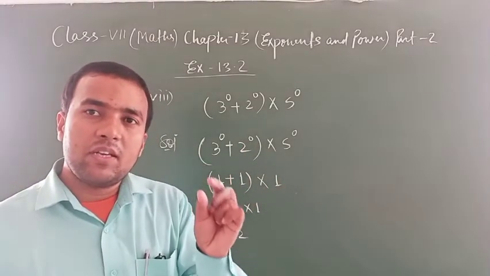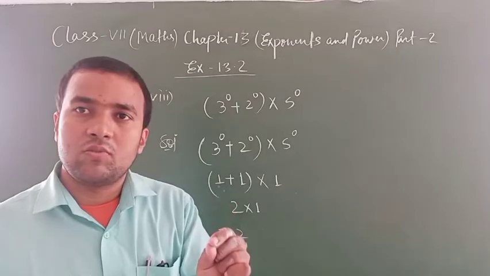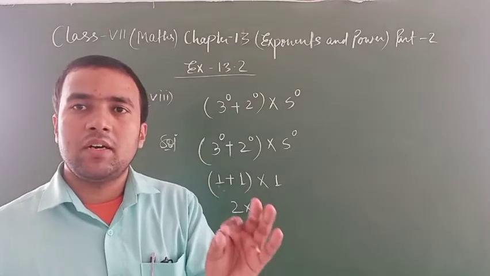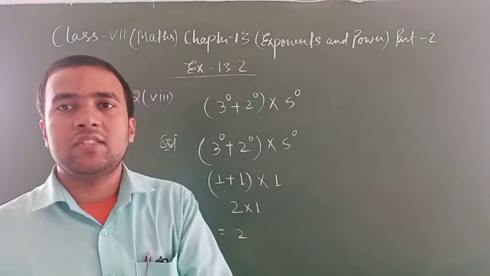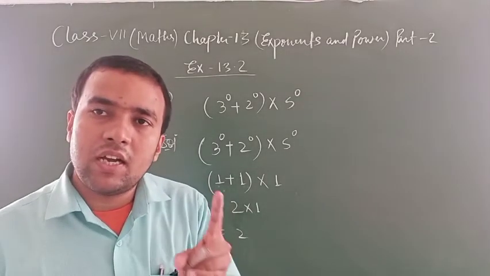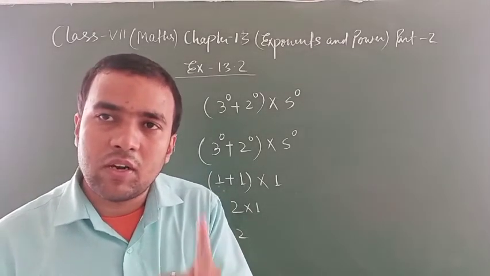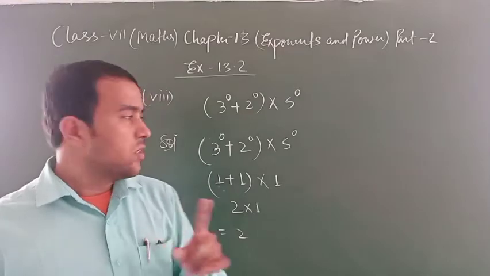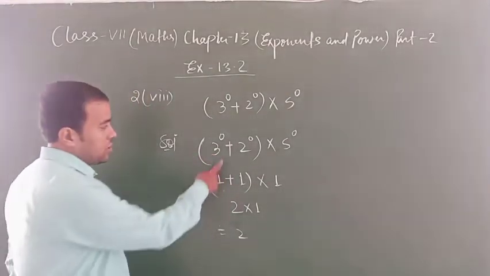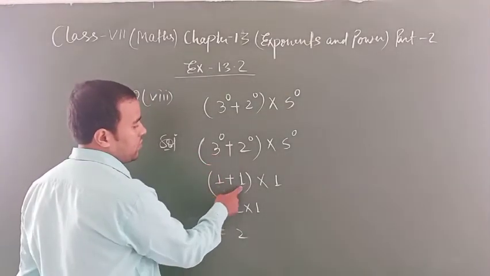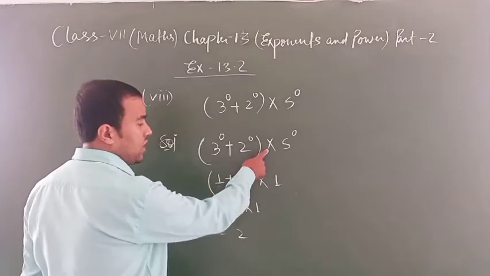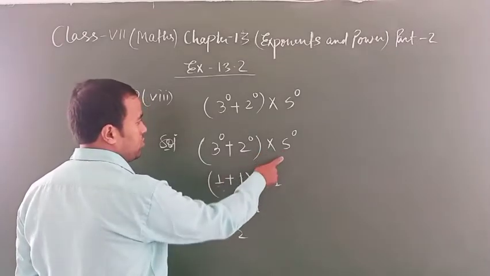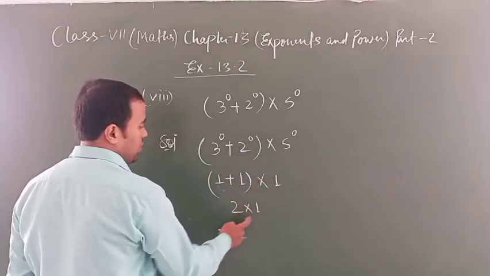If any number or variable's power is given 0, that value will be 1. Clear? Here is the plus sign. 1 plus 1 is 2, into the multiply sign, 5 power 0 is 1, so the answer is 2. Clear?